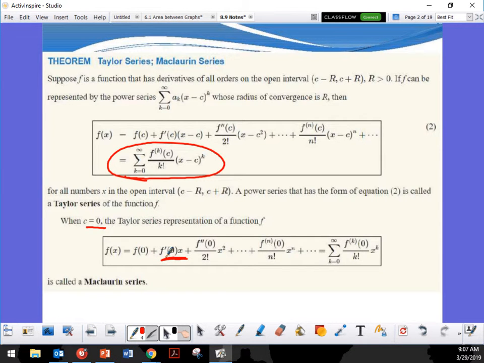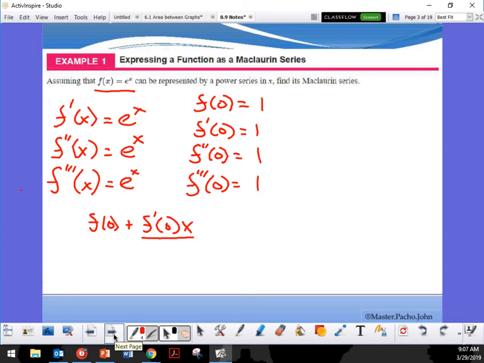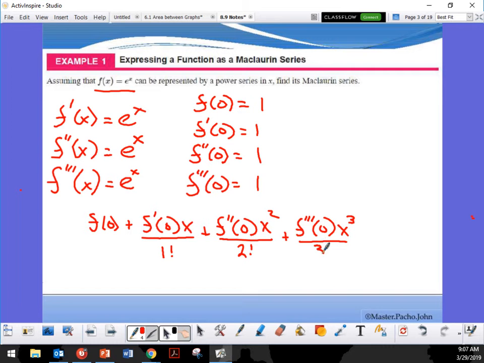So this is over 1 factorial, plus f double prime at 0 times x squared over 2 factorial, plus f triple prime of 0 times x to the third over 3 factorial.